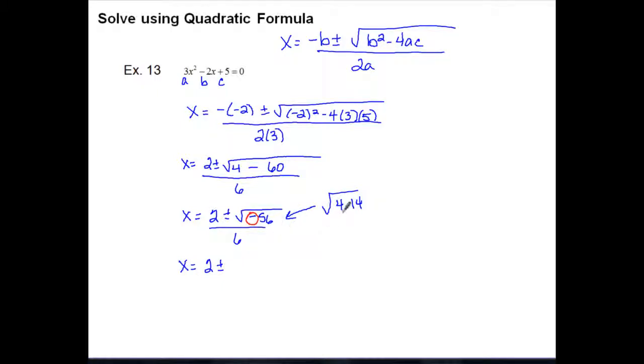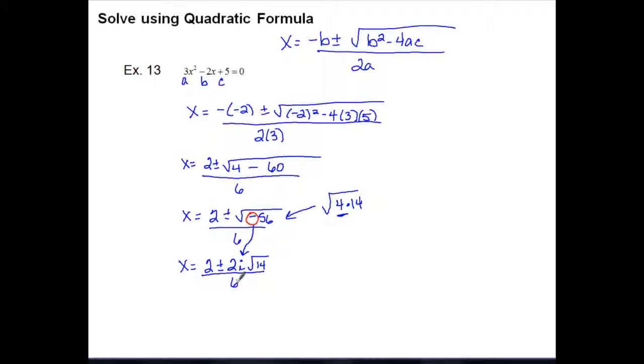Okay, so the square root of 4 is 2. And I'm going to have an i for the negative. So outside the square root sign, I need 2i. Then I have square root of 14 on the inside. The i is from the negative sign, and the 2 is from the 4, and then the 14 stays inside because I can't take the square root of 14. And all that is over 6.